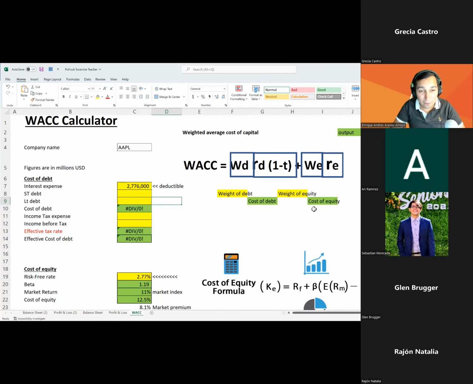I think I'm wrong with the interest expense. Is that the interest expense of TTM or 2021? TTM. I did the same mistake. The short-term debt payment is minus 963,000.